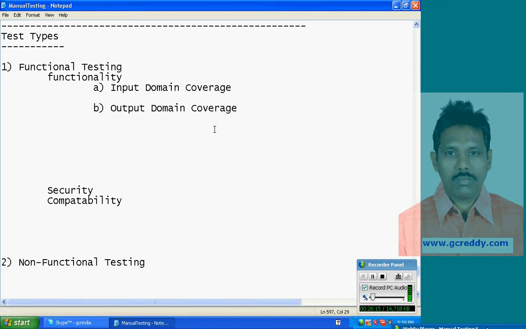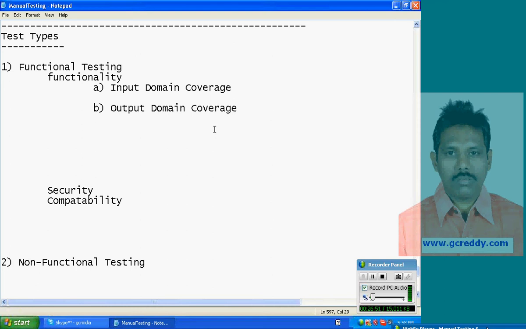Verifying whether the system is providing correct outputs or not based on inputs and process.